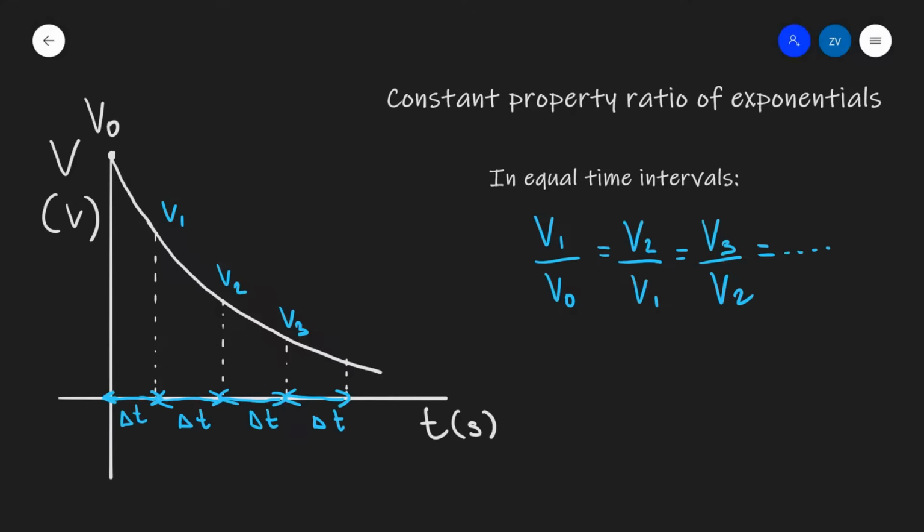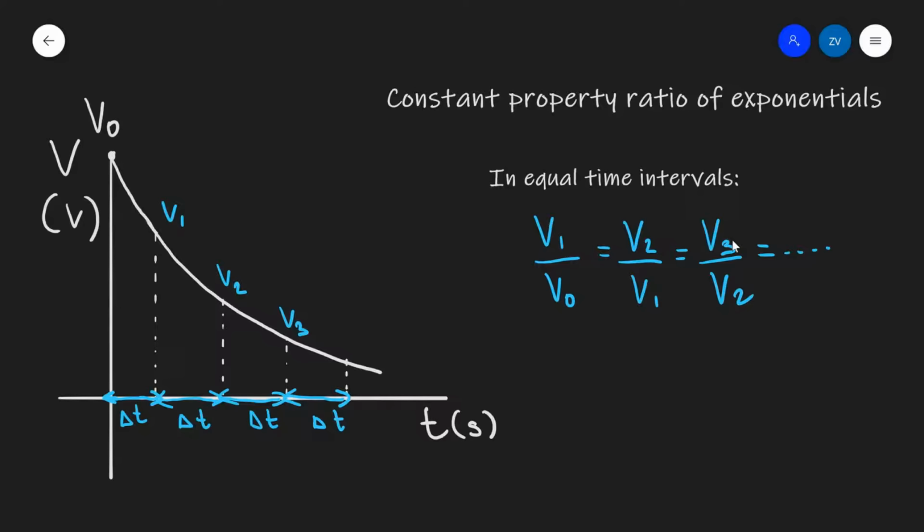Now let's have a look at what actually makes a function an exponential function. We need to know the constant ratio property of exponentials. In equal time intervals, the initial voltage V over another one, let's call it V1, is going to be equal to V1 divided by V2 is going to be equal to V2 divided by V3.